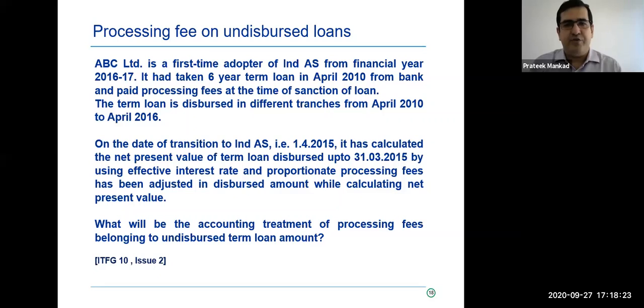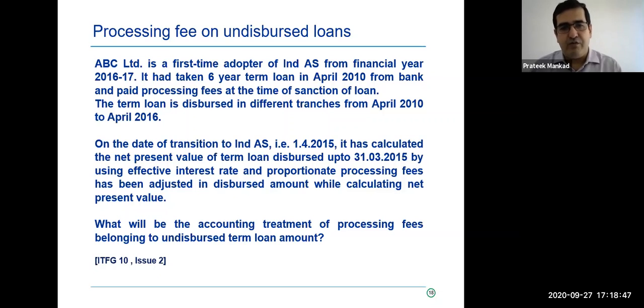Now, as management, you may have got a sanction of 100, but you believe, no, I will take only 50 because maybe another 50 rupees some other bank is giving to me at much better rate. So I don't believe this will be drawn down. If drawdown is not probable, then you amortize it on a straight line basis over the availability period.